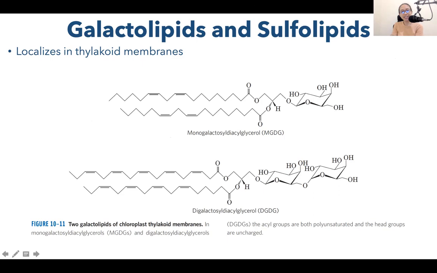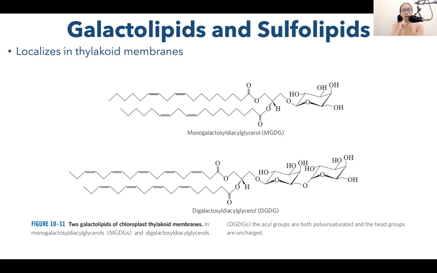Sino may idea? Ma'am, kasi yung phospholipid po may charge, tapos parang given po sa thylakoid membranes, hindi po pwede. So, eto po mga galacto kasi wala po silang charge. Okay. Good point.